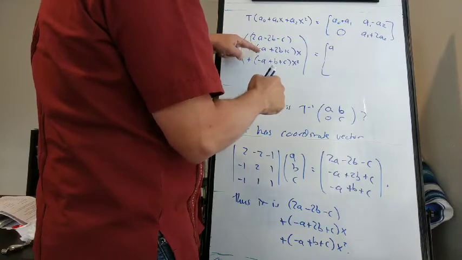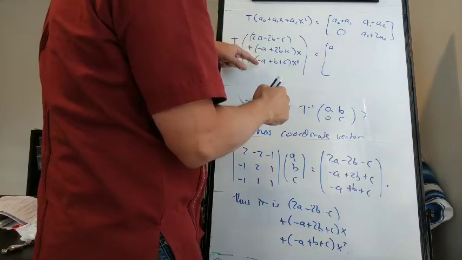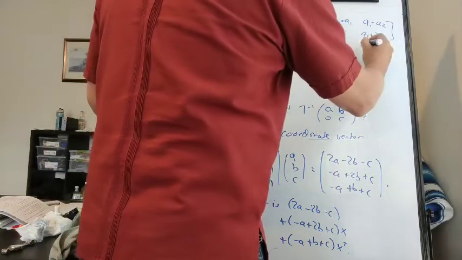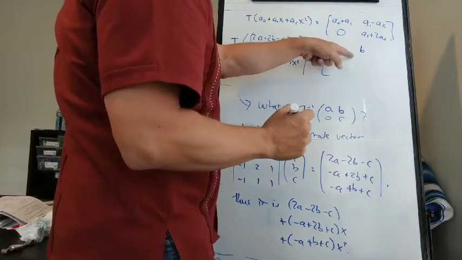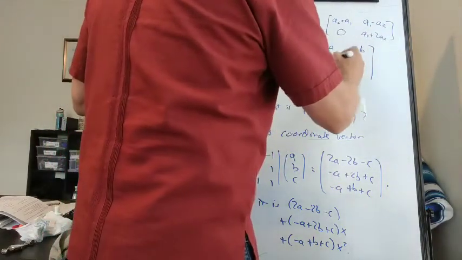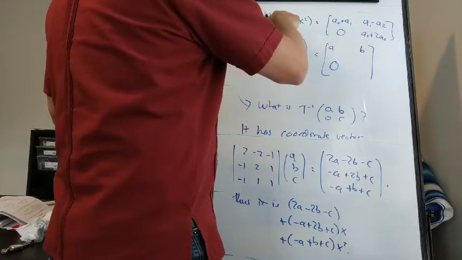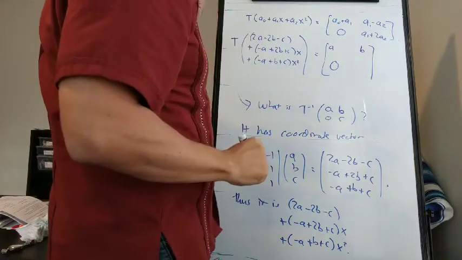So negative A minus negative A is 0, 2B minus B is B, and C minus C is 0. So we get B there, which is good, and 0 here.